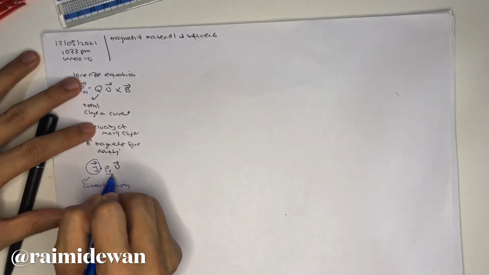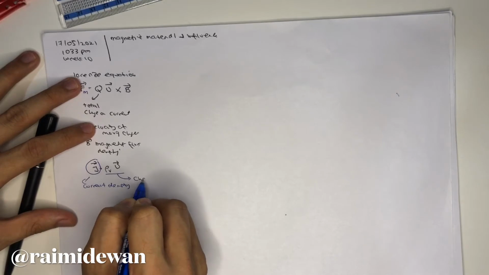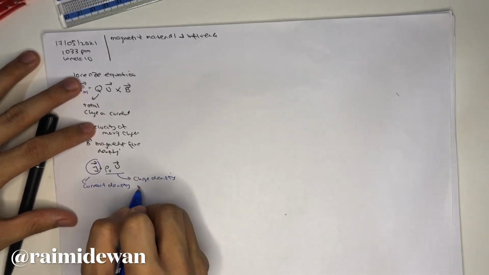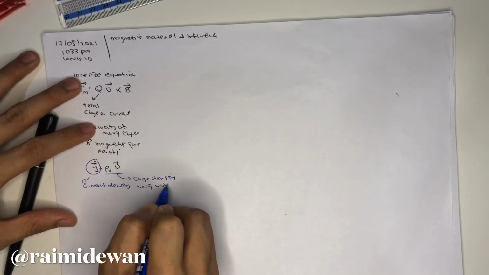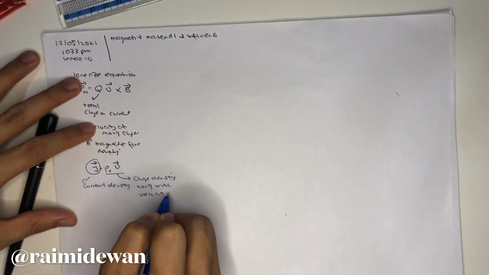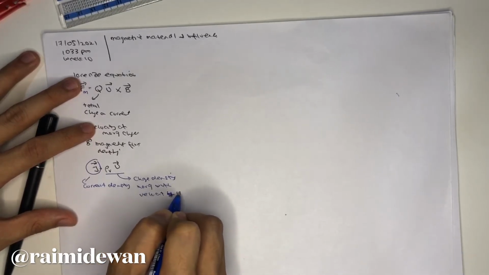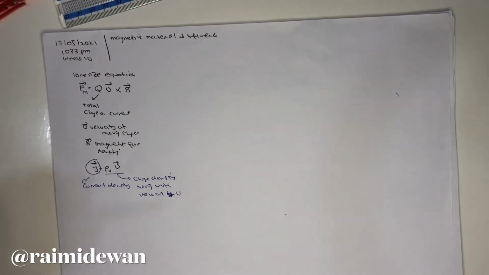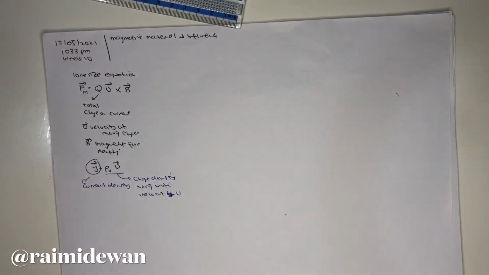It is a charge density moving with velocity u. Then we know that we have different types of currents.